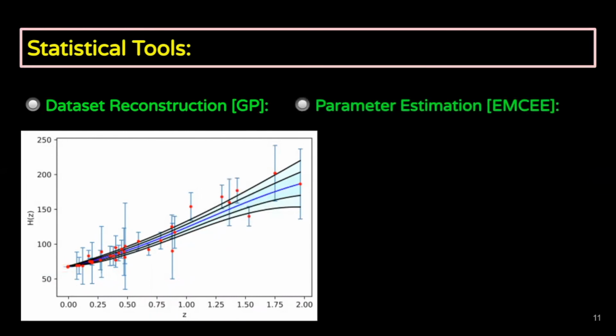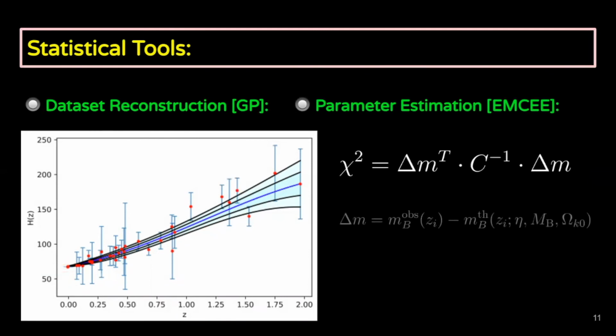Similarly, for the parameter estimation, we define the chi-square in terms of the observed distance modulus, mu_B observed, and the theoretical reconstruction of mu_B, which depends on M_B and Omega_k. In this analysis, for the Pantheon data set, we consider both systematic and statistical errors.